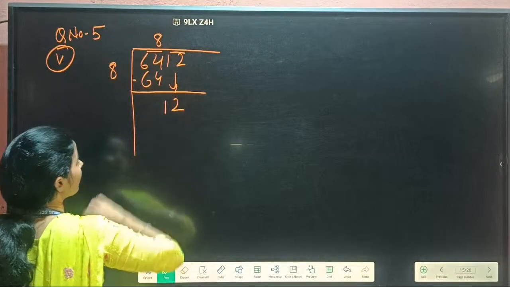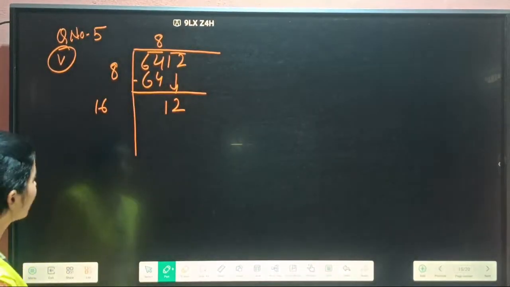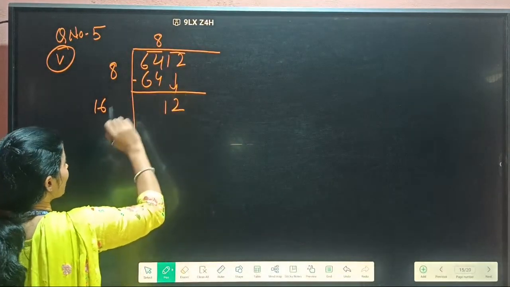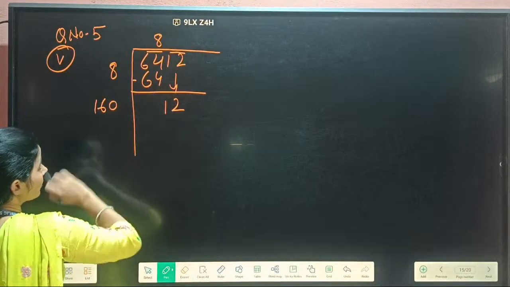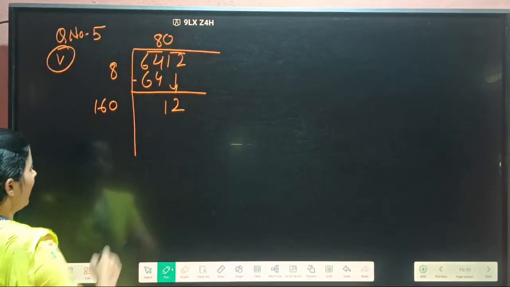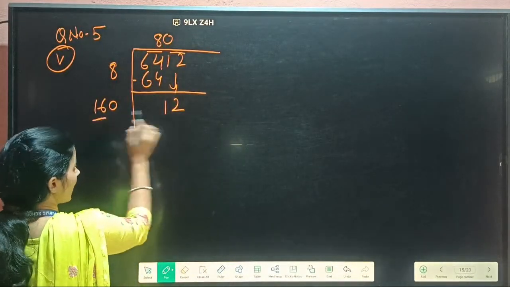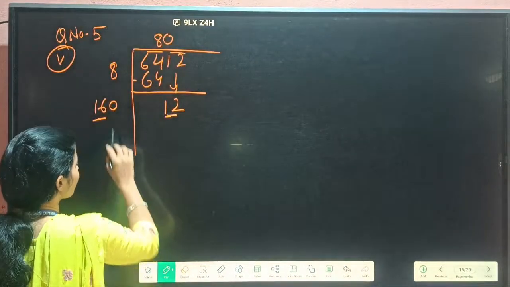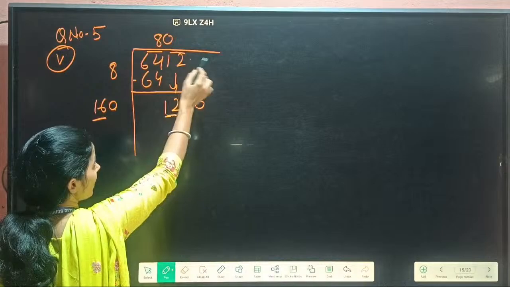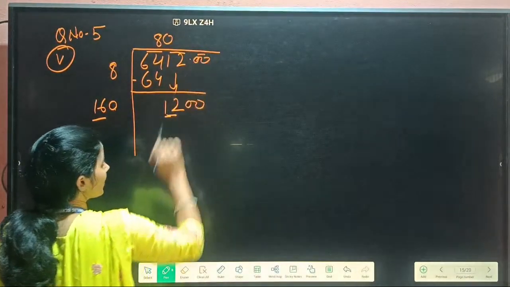Next pair is 12. Double of this quotient is 16. If the multiplication with it was larger and it is a smaller number, then you will put 0 and then the next 0, like 0 after the decimal.